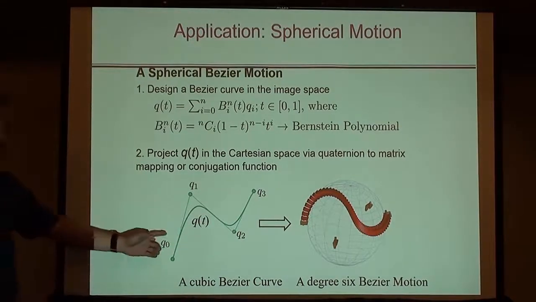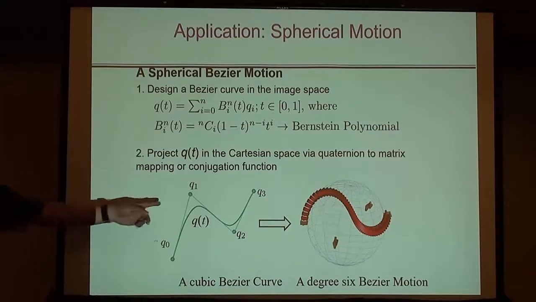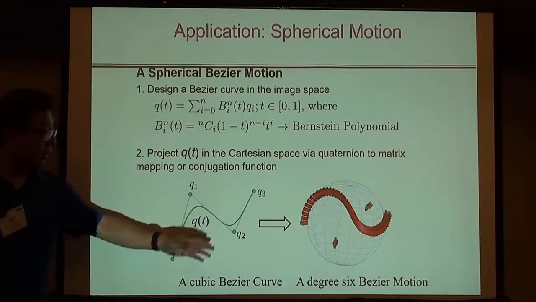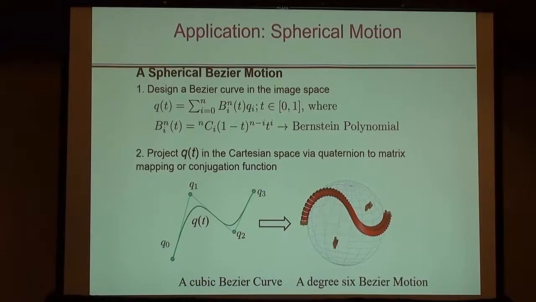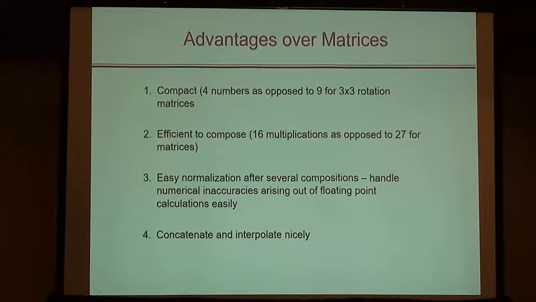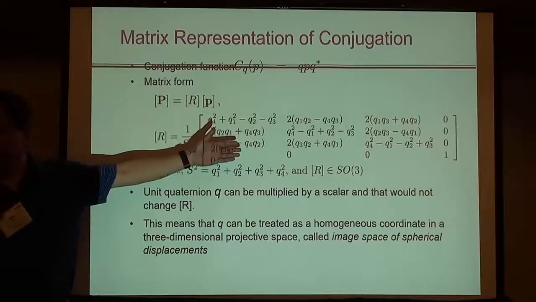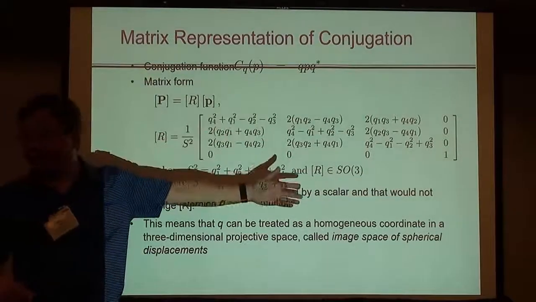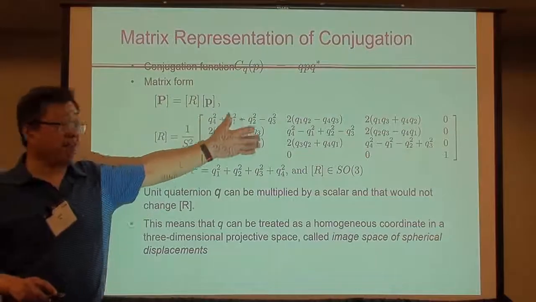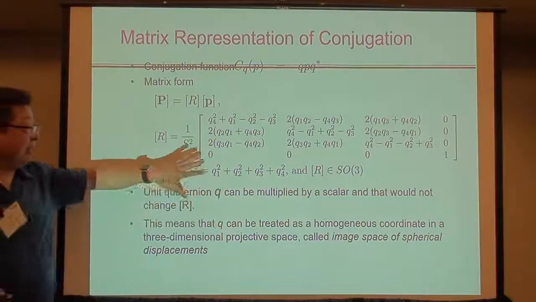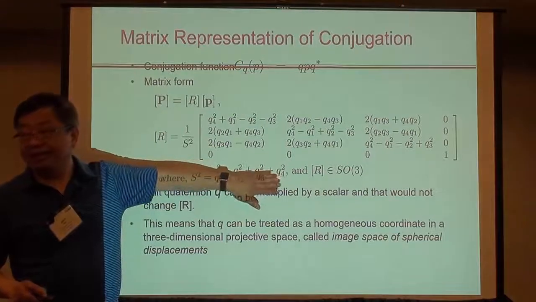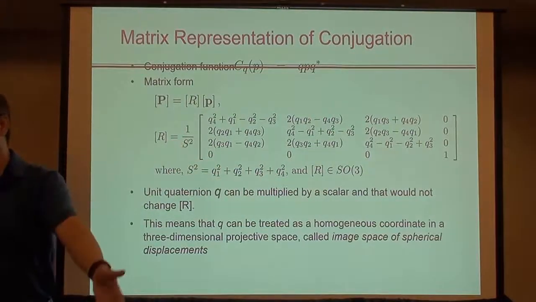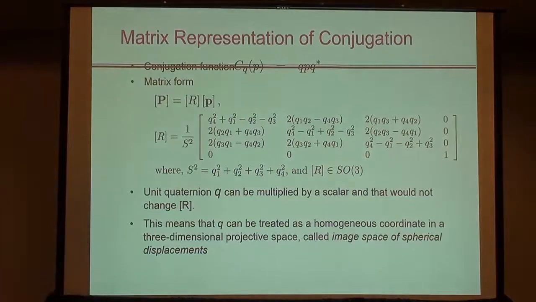Bear in mind that the length of the quaternion will change, but it will be a four-dimensional vector. You can substitute this back into this equation, and then you will get a rotation. It's always orthogonal, even if you don't divide by this. If you divide by this, it will be orthonormal.